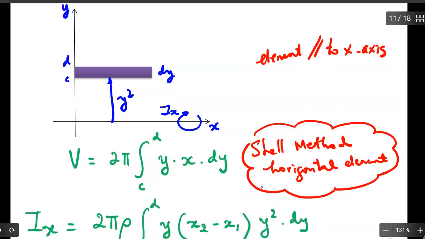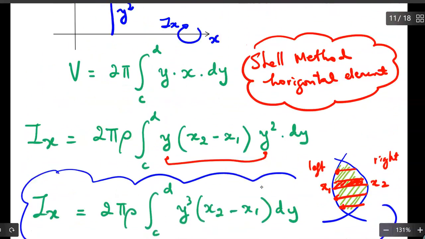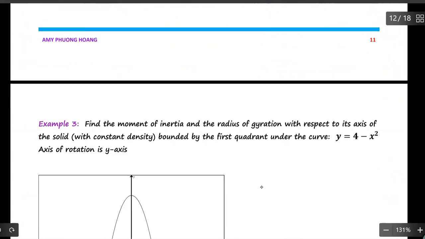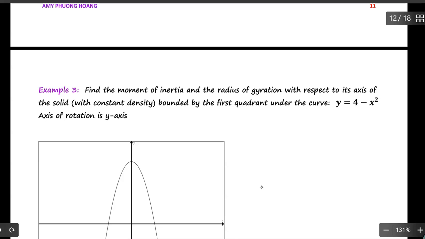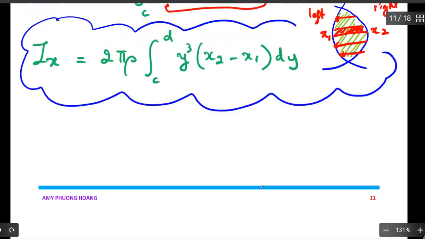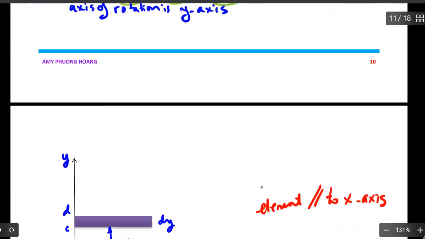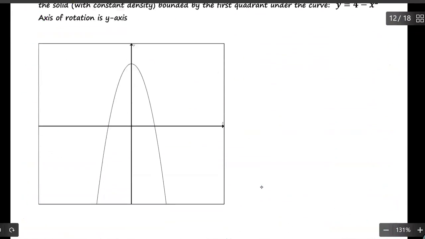Okay, so I'm going to go over an example working with the solid, and we are going to use the axis of rotation as the y-axis. Alright, okay, so let's work with this.